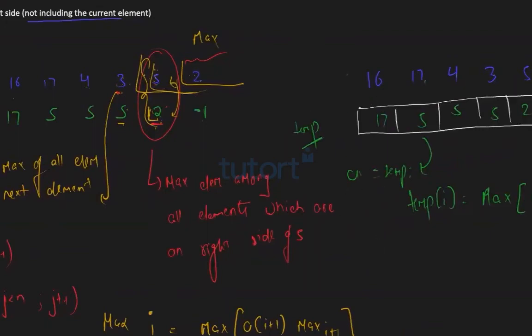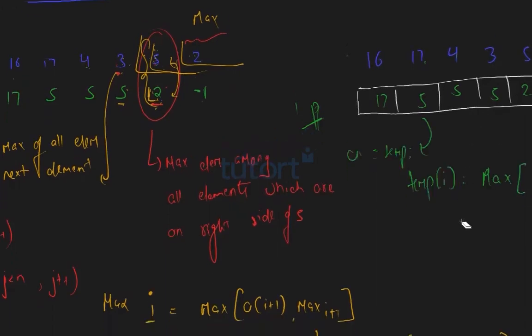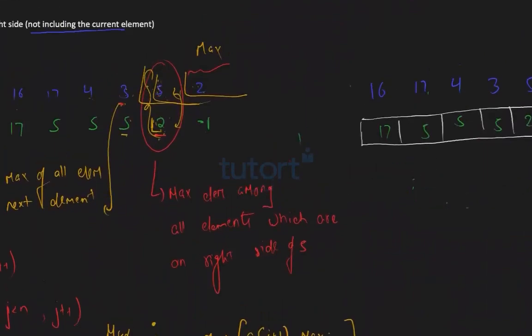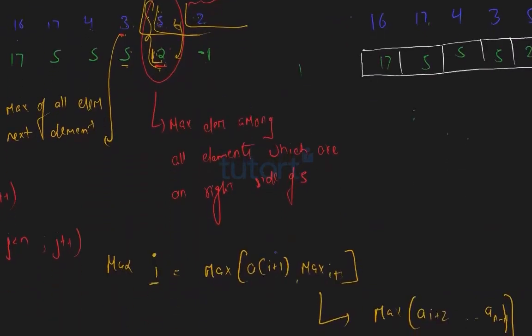Another thing is, we can avoid using this array completely. How can I do this? What is important to us? The element which got replaced.